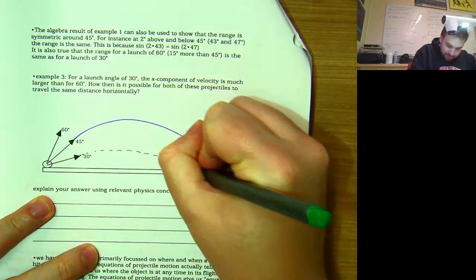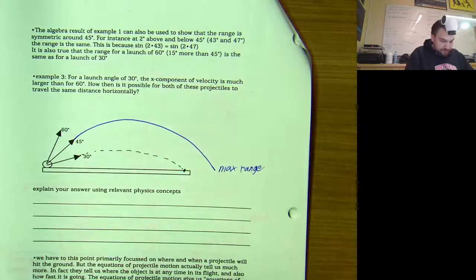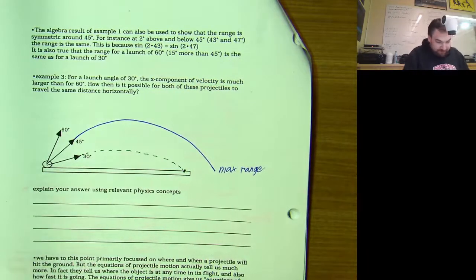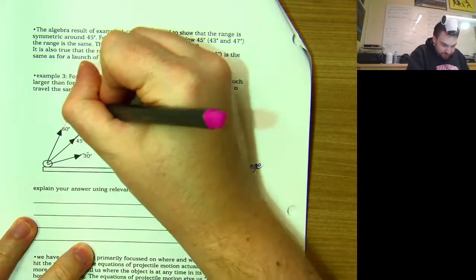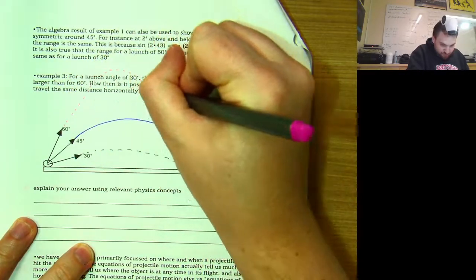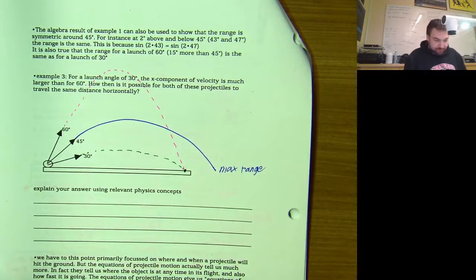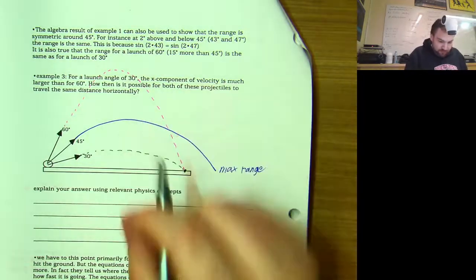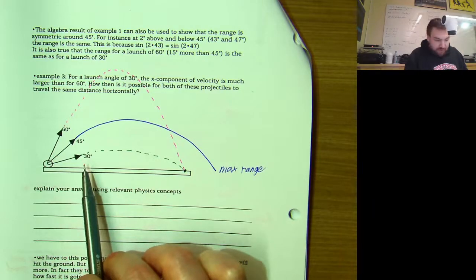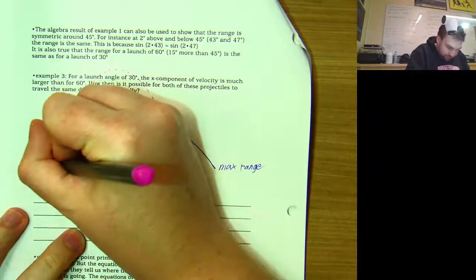Well, let's take a look at this. Boom, boom, boom. Lands right there. Let's look at the 60 here. Okay, this is what's going to end up happening. In this bottom one, Vx is much, much larger.